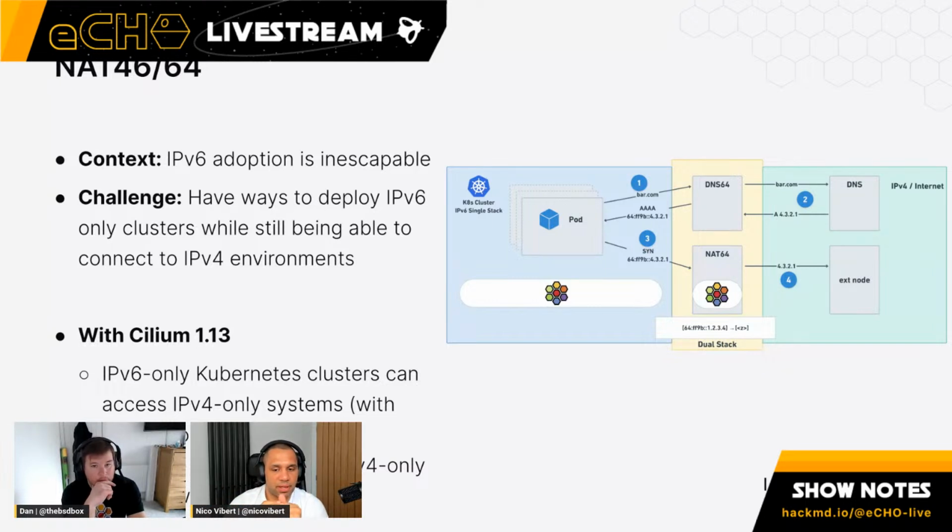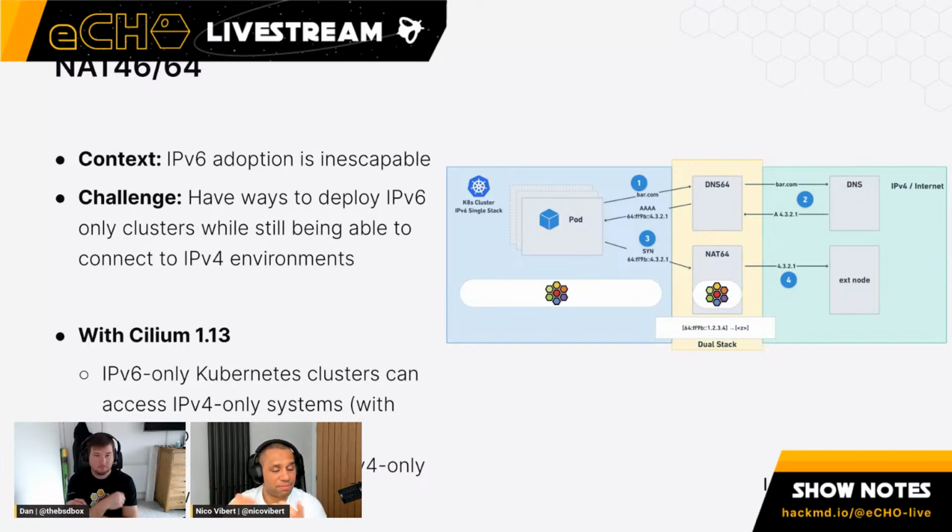So we've been working towards some NAT4.6 and NAT6.4 support, which again comes with Cilium. It covers a couple of different use cases. One is if you've got an IPv6-only cluster that needs to access an IPv4-only system.